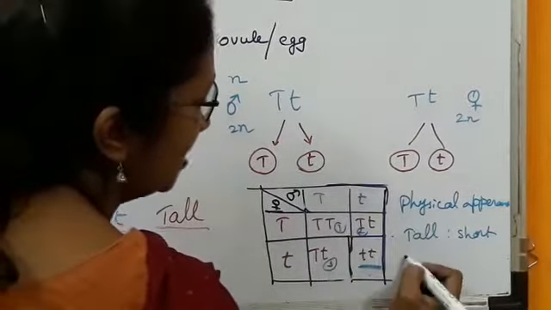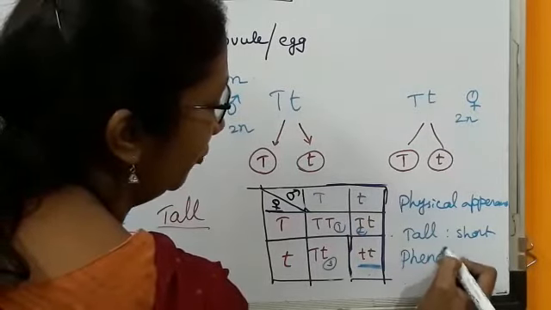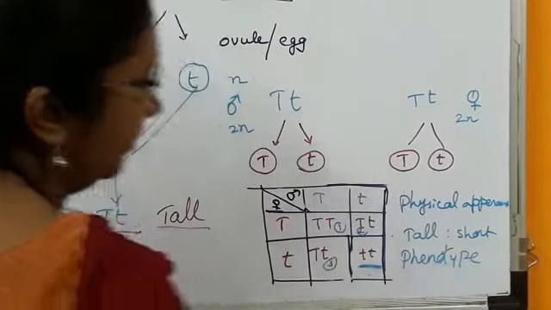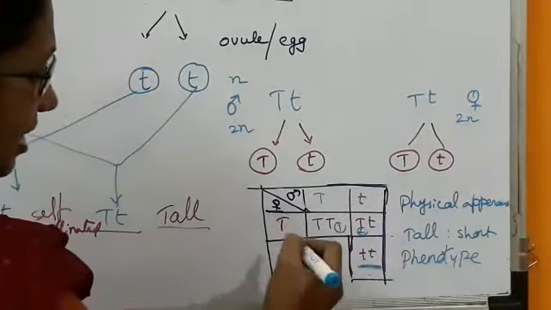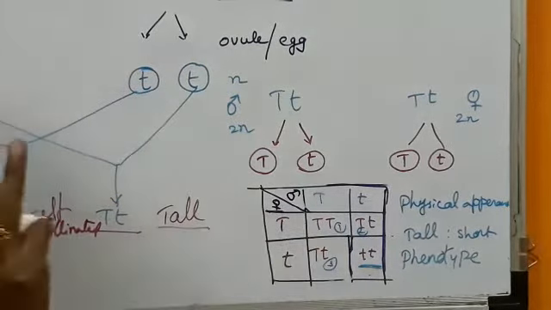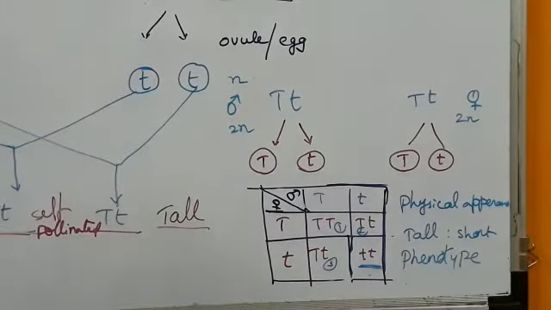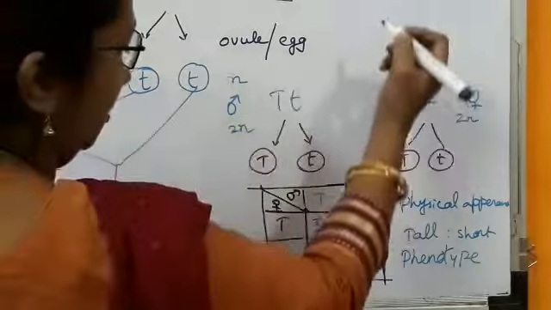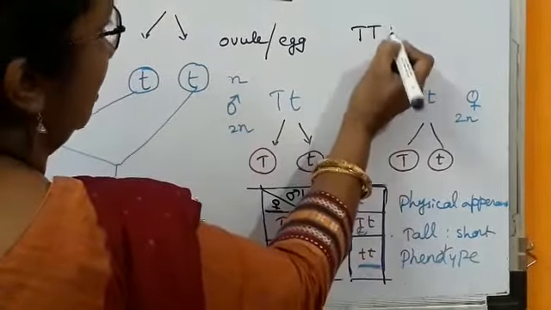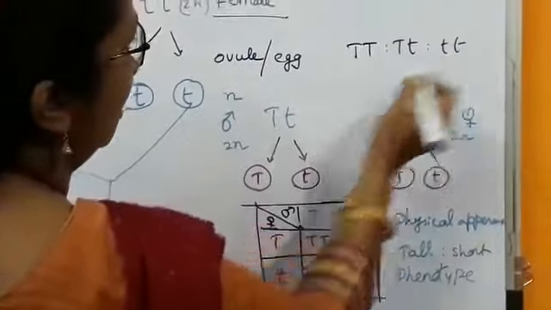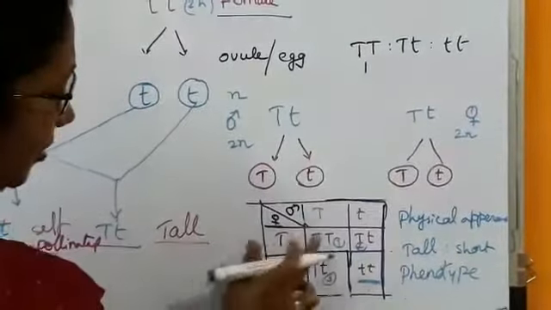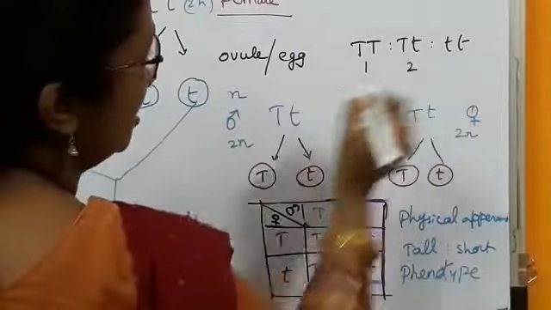But this physical appearance is also called phenotype. What we call phenotype. If you see the genes of this, the arrangement of the genes, you can see 3 types of gene arrangement. What are the 3 types of gene arrangement? Shall I write here? Yes, capital T capital T, capital T small t, small t small t. How many capital T capital T are there? 1. How many capital T small t are there? 2.